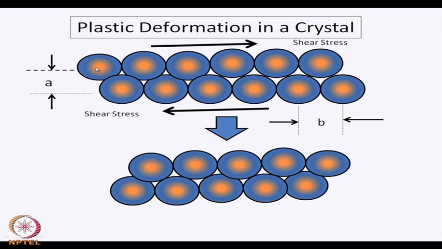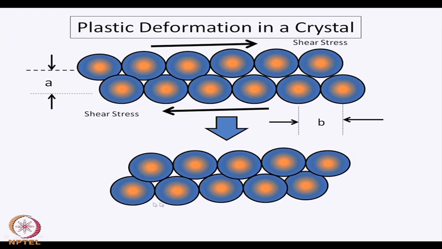So, this atom will try to move to the next atom and this will go to the next atom and so on. So, this is the deformed position. This is the arrangement when the first layer, the top layer, has moved by one interatomic spacing.